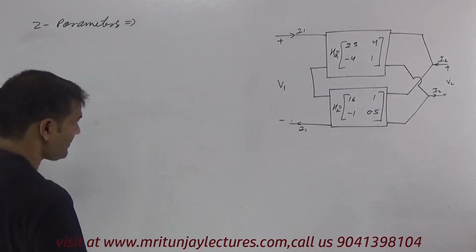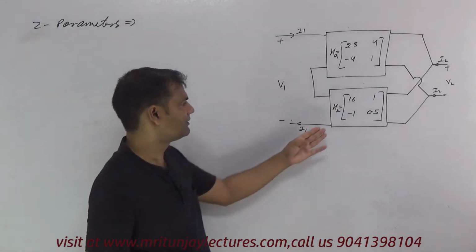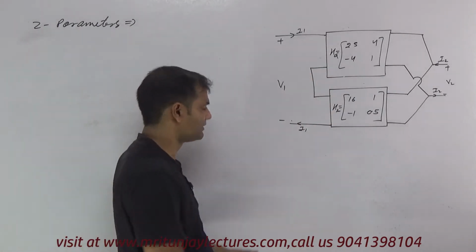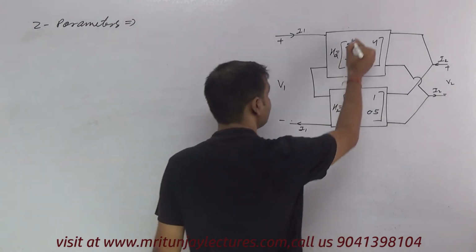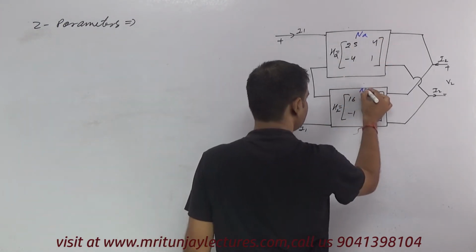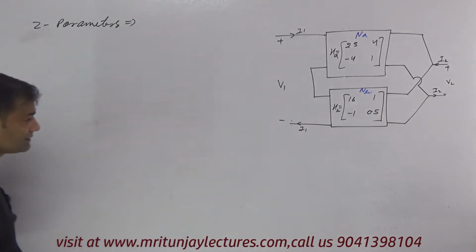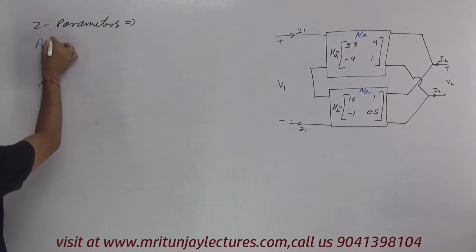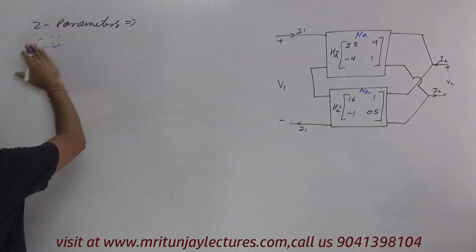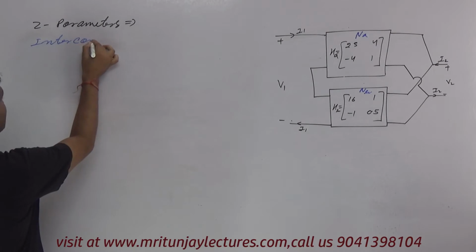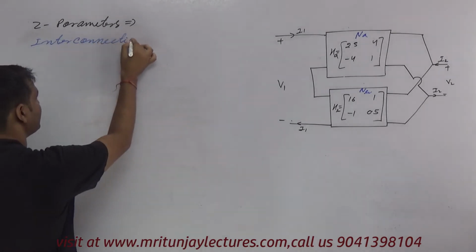Now this is the hybrid parameter network, H parameter. NA and NB are given like this. So how can you utilize the alternating or interconnection method?